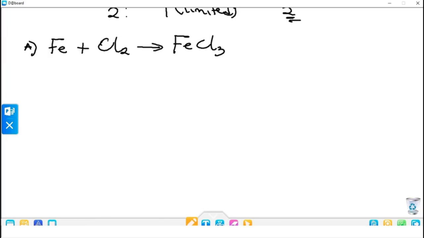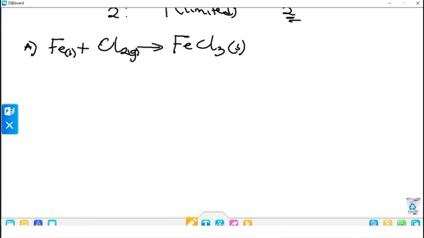Let us take a look at our rules once again. The first rule says we itemize. Iron is in solid state, this is gas, and this is solid. So the first rule says we itemize the species. All the participants in the equation ought to be itemized, and then we take our counting.